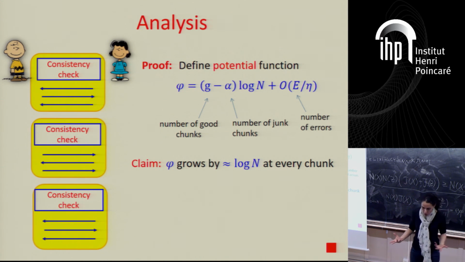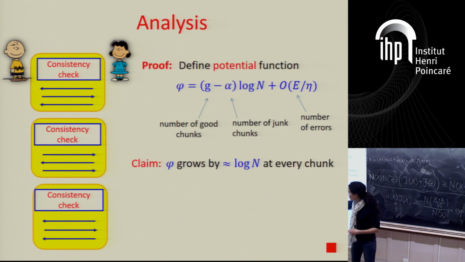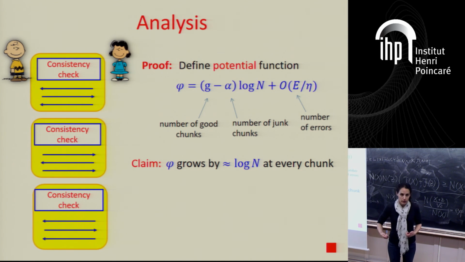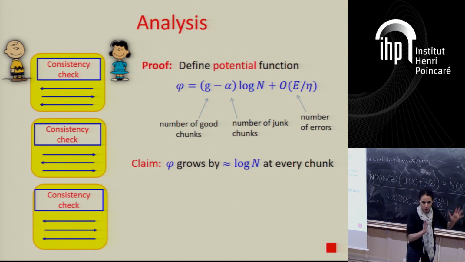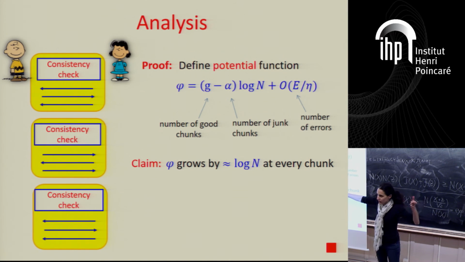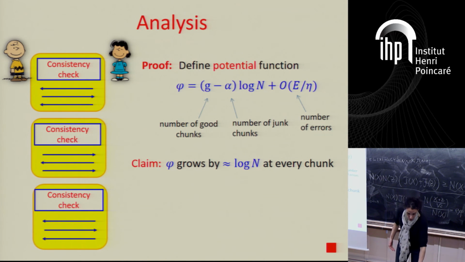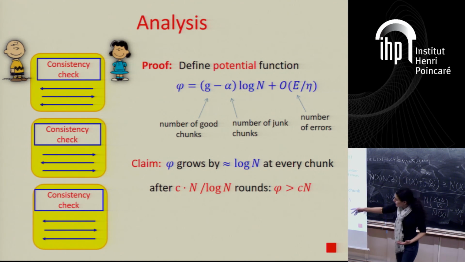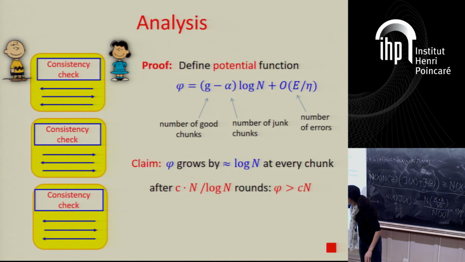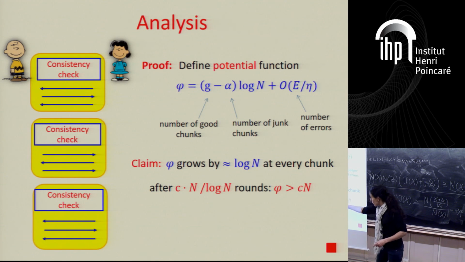What we show is that in every chunk, the potential function phi grows by log n, except with a small probability of error that it doesn't grow, but we bound that as well. Except for the probability of hash collisions, phi grows by log n, and so we show that after C n over log n rounds, the potential function is C times n.